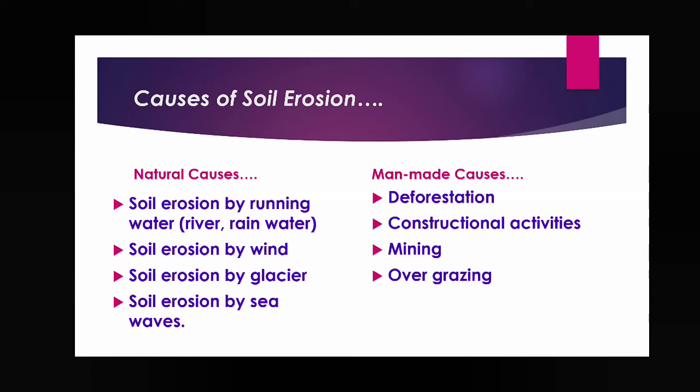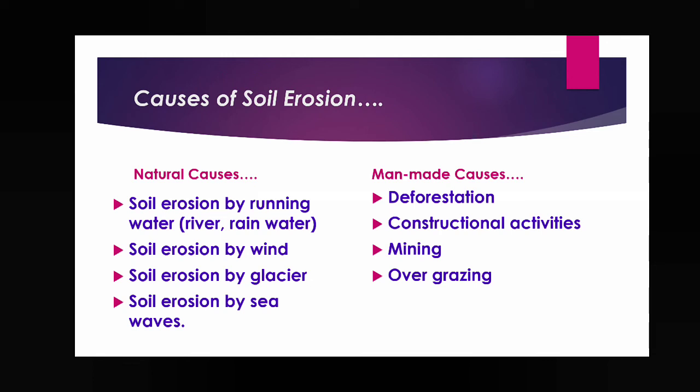But when we are doing deforestation, that means what? The total soil cover is totally empty. It is not being protected by the tree roots, and that's why soil erosion occurred.